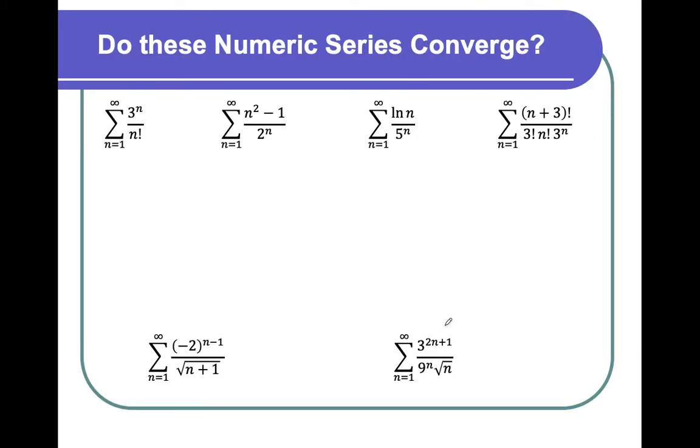Right, so oh my gosh, look at all those. I'm going to do them one at a time, but I want you to look at them first. I left them all up here for you to look at globally. Do you see how each one of these involves a factorial, an exponential, or powers? The only one that is slightly different is this ln one here, the only one that's not an exponential, a yell point, or a power.